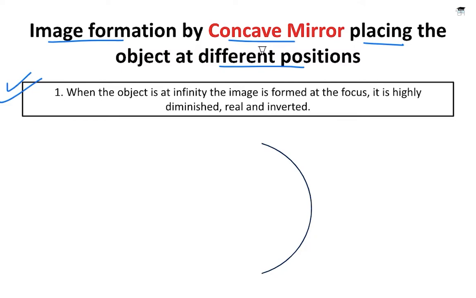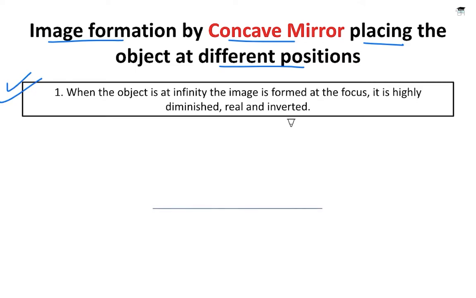I'm sure about that. So the things that you are going to need to draw the ray diagram: 1, a ruler; 2, a pencil; and 3rd is a compass. If you don't have a compass with you right now, you can draw them roughly. That's fine. Okay, so let's begin. The first thing that you are going to do is draw a line.